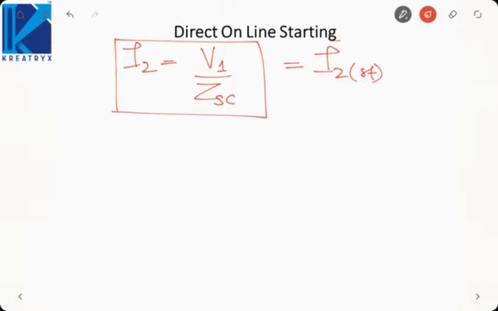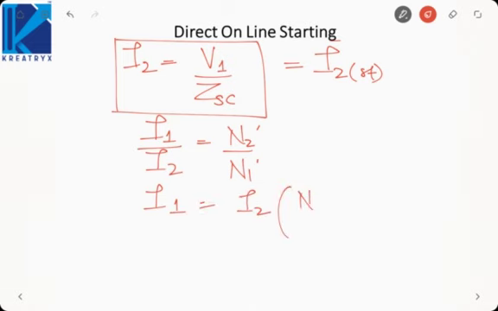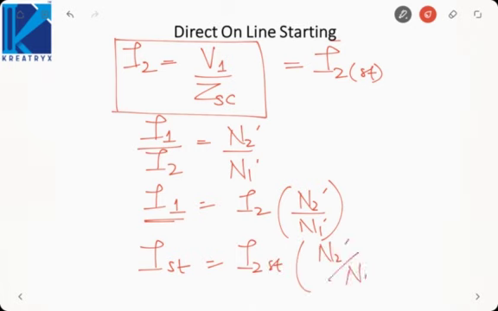The relation between the stator and the rotor current will be I1 by I2 is equal to N2 dash by N1 dash. So I1 will be equal to I2 into N2 dash by N1 dash. This is the current on the primary. So I starting will be I2 starting into N2 dash by N1 dash.